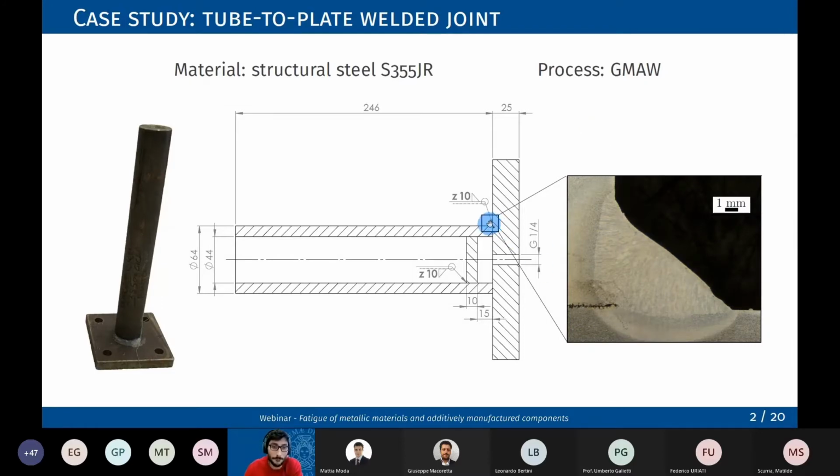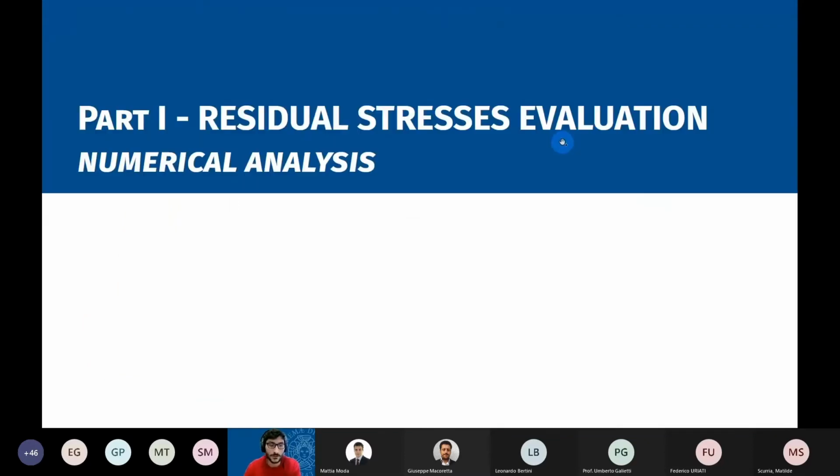So this is the main weld bead we are focusing on. There is another one here, but this plate, this disc, is only used to create a pressure chamber that is then used in the fatigue assessment to detect the through-the-thickness crack and then stop the experimental test. So let's start from the residual stresses evaluation.